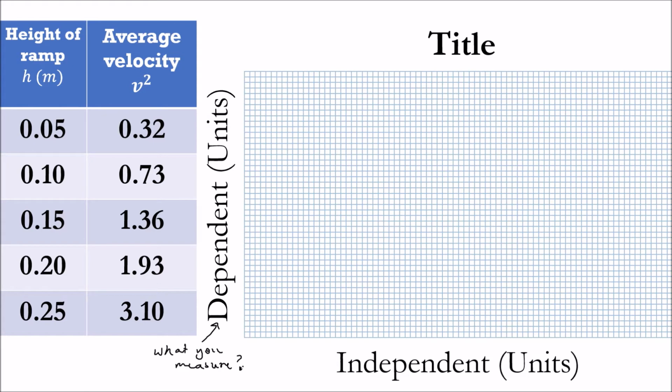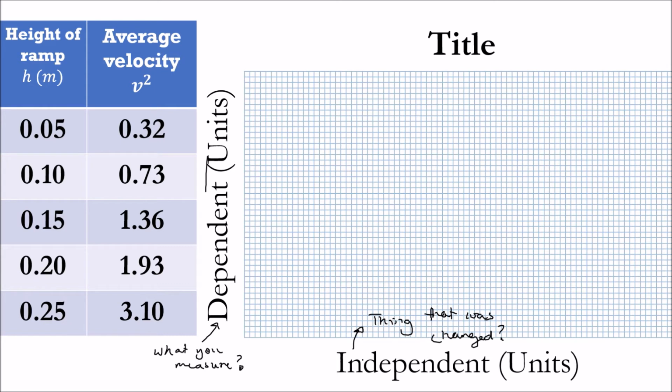What was the thing that you were trying to measure? Well, I was actually trying to measure the velocity, and I'm graphing velocity squared, so that was the thing I was measuring. What was the independent variable? So what was the thing that was being changed? Well, that's quite easy because we already talked about trying to change the height of the ramp. So the height of the ramp from which we release the ball, that's going to be our independent variable there.